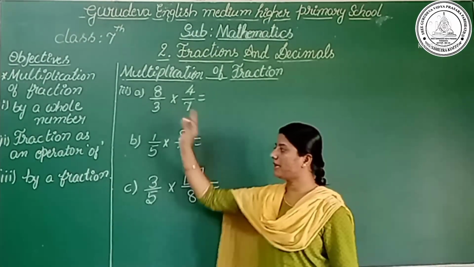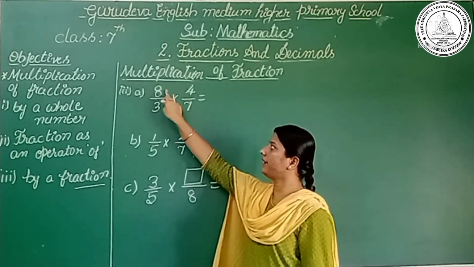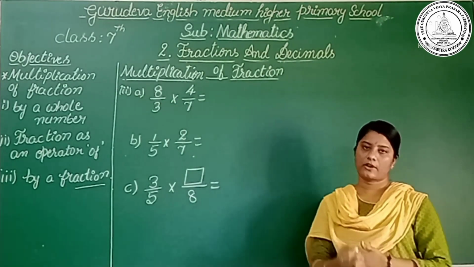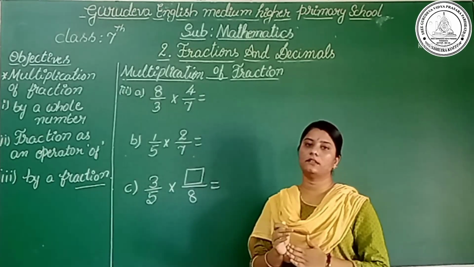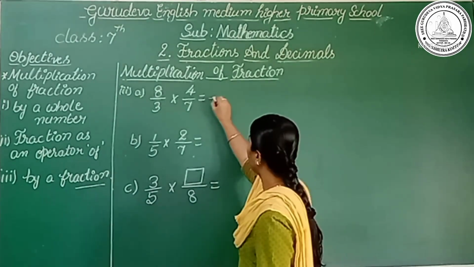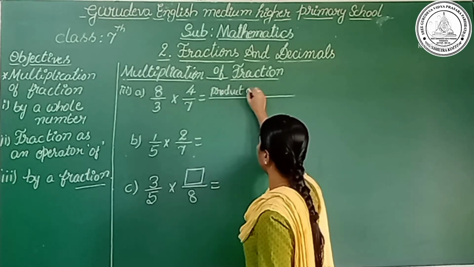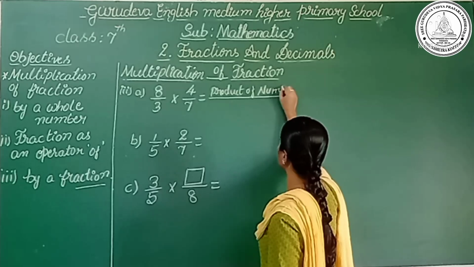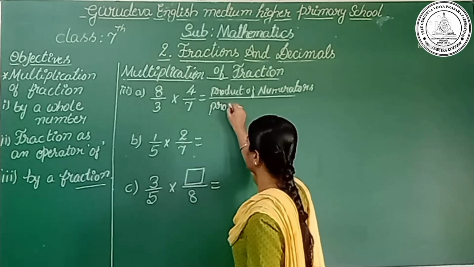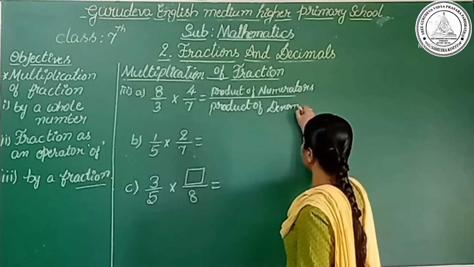Then let's see the multiplication of a fraction by a fraction. The third one is multiplication of a fraction by a fraction. Okay. So here I have taken the example 8 by 3 into 4 by 7. While we are multiplying a fraction by a fraction, first we have to write it as the product of numerators divided by the product of denominators.